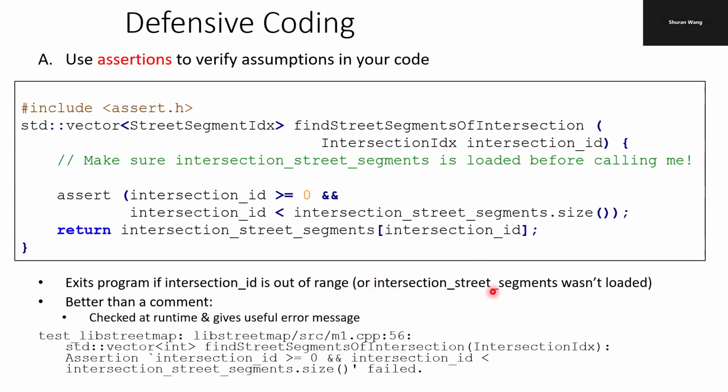Or it could even check whether the intersection street segments wasn't loaded before this function was called. It's better than a comment because it always checks at runtime and gives a useful error message. The only downside for assertions is that it adds to the runtime of your program. It will slow your program down.